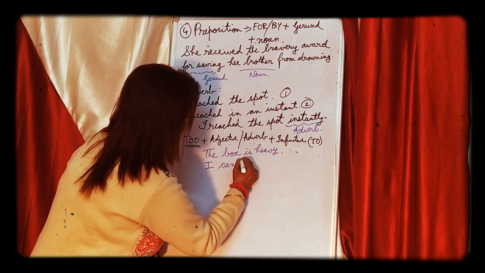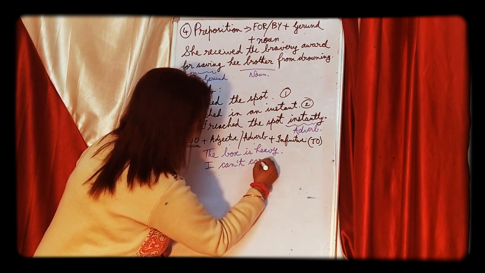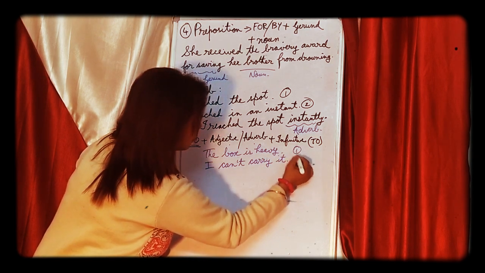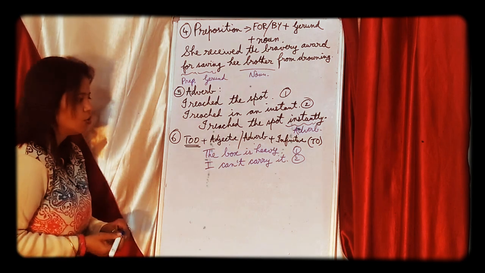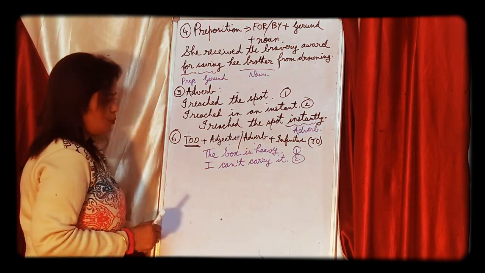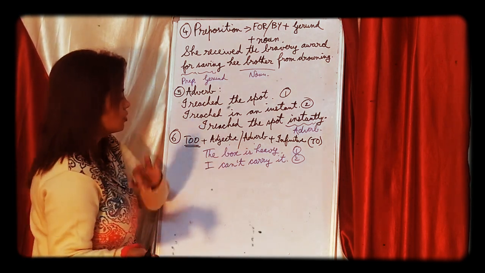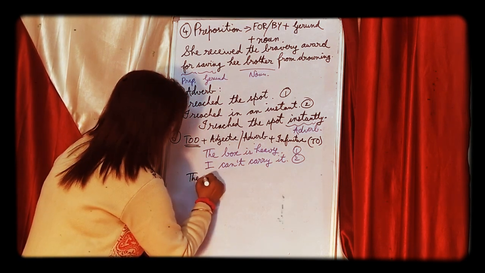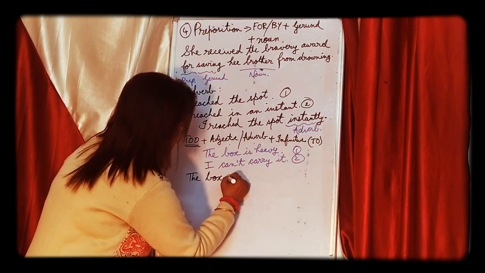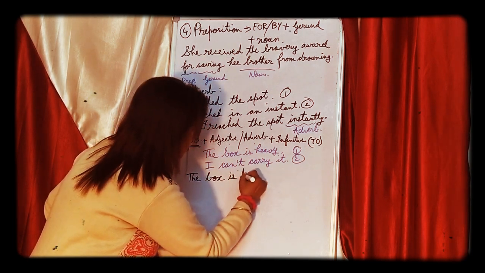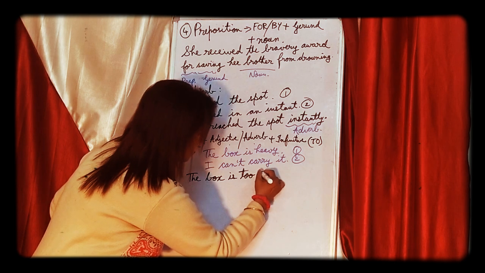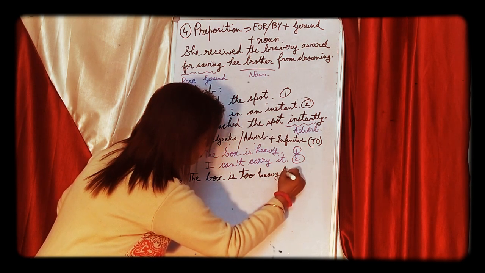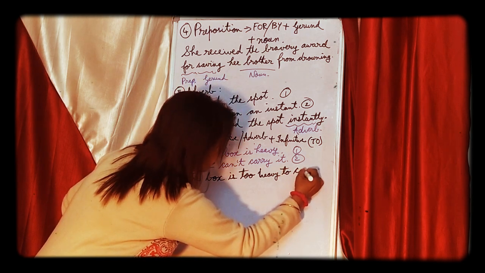I can't carry it. So this is sentence number 1 and this is sentence number 2. So how are we going to put these together? I would say, the box is too heavy to carry.